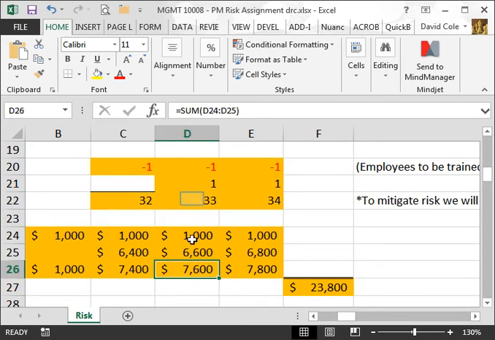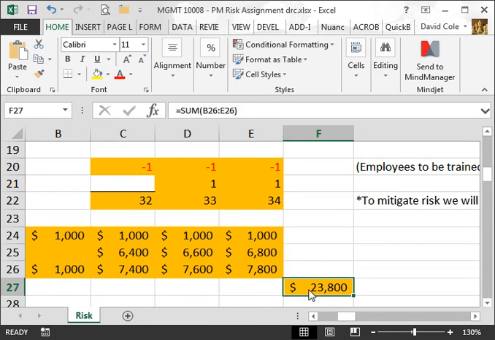Again, day 3 we've trained 33, and that's going to come in at $6,600, and we've trained 34, and that comes in at $6,800. When we total them for the day, you can see that we now have a total cost for each day, including the trainer and the people to be trained, and the total training dollar value for that scenario.